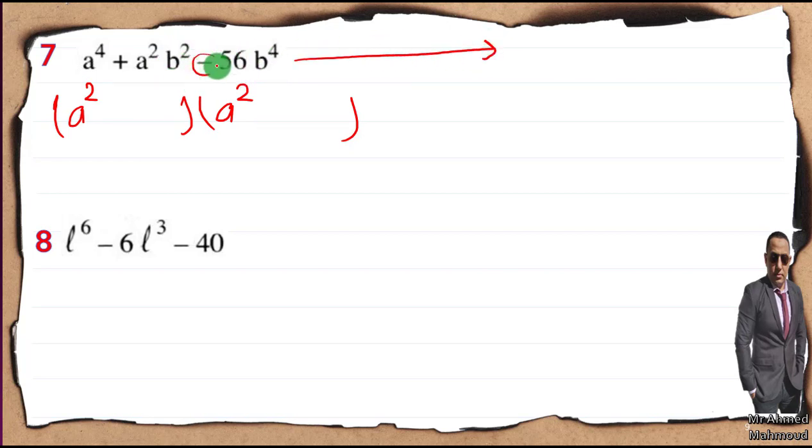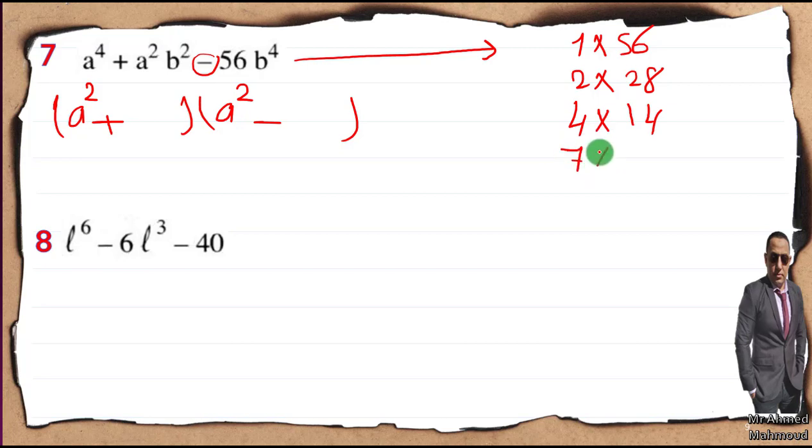Here I have a difference, so I will write two different signs, plus and minus, or minus and plus, it's up to you. 56 divided by 1 equals 56. 56 divided by 2 equals 28. 56 divided by 3 is decimal. Divided by 4 equals 14. Divided by 5 decimal, divided by 6 decimal, divided by 7 equals 8, and I'm going to stop here.